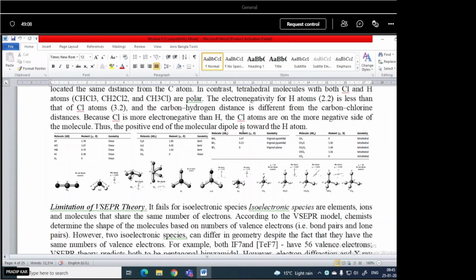In case of NF3 and NH3, whatever be the compound, the geometry is same, and as geometry is same, but direction, no direction. In case of NH3, please read more about it.